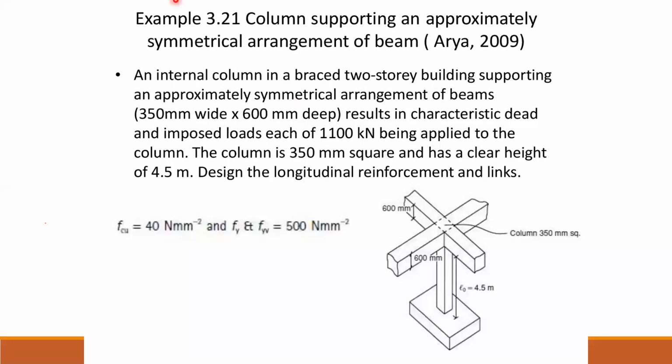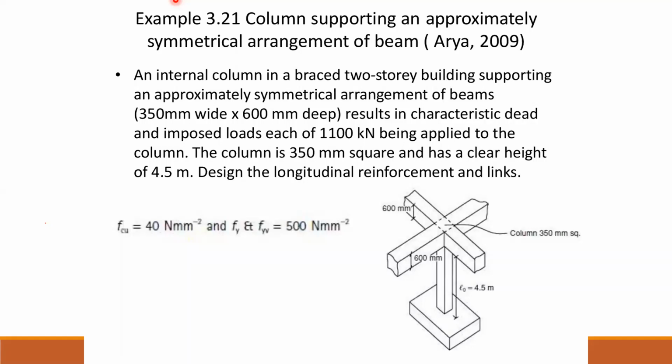Example 3.2.1, the column supporting an approximately symmetrical arrangement of beams. This is the second one. An internal column in a braced 2 storey building supporting an approximately symmetric arrangement of beams 315 by 600 deep, resulting in characteristic dead loads or whatever, 1000 kilonewtons applied to the column.